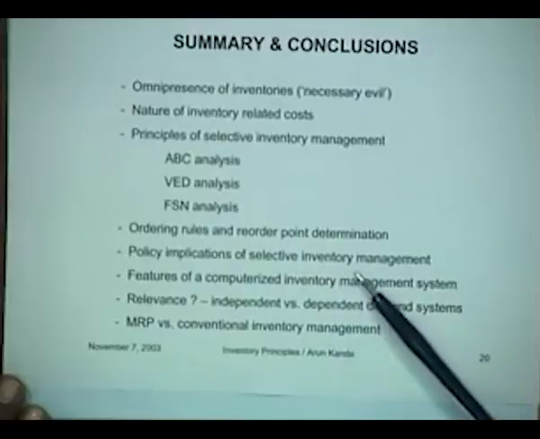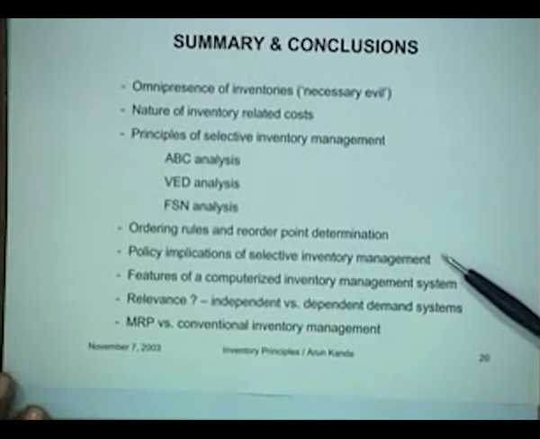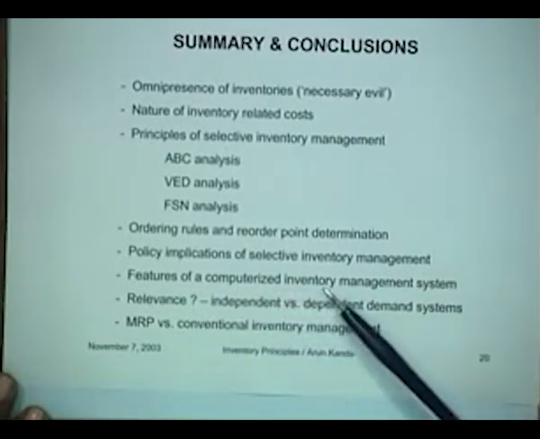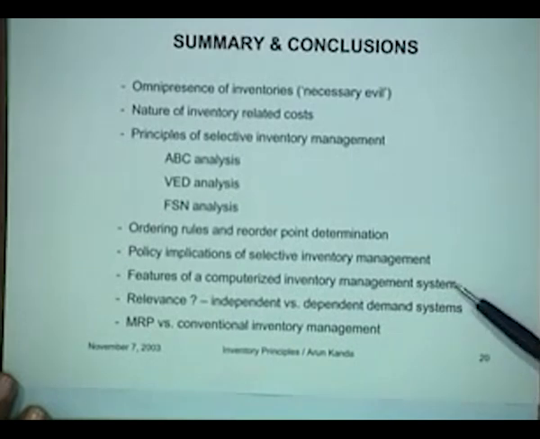Policy implications of selective inventory management were discussed. Some of the features of computerized inventory management systems were discussed, the rudiments in terms of the basic 4 modules which are there in any typical computerized inventory management system.